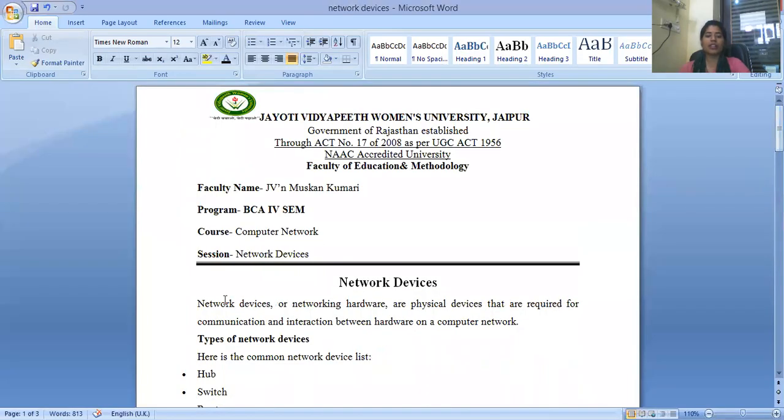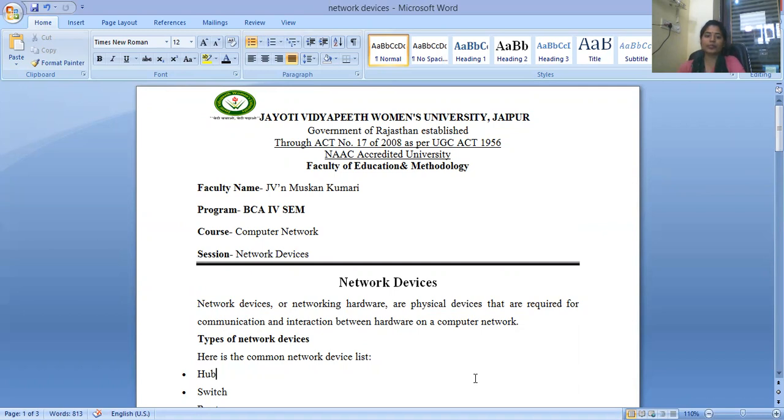So what is the use of network devices? Network devices, or network hardware, are physical devices that are required for communication and interaction between the hardware on a computer network.